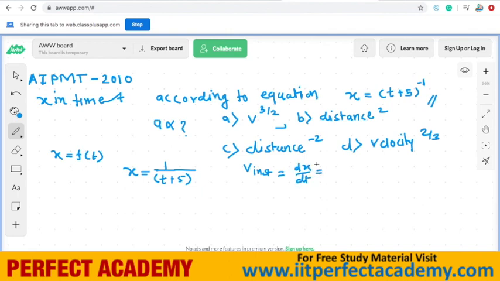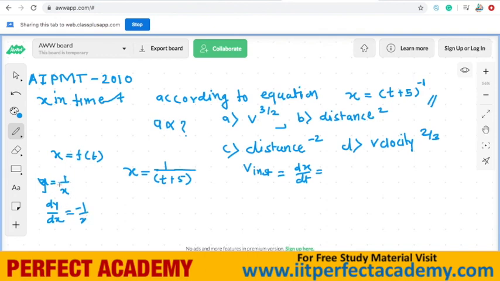If y is equal to 1 by x, dy by dx is equal to minus 1 by x square, right?